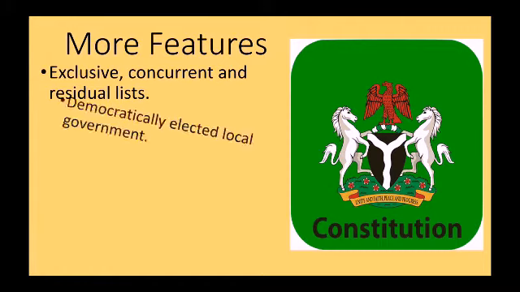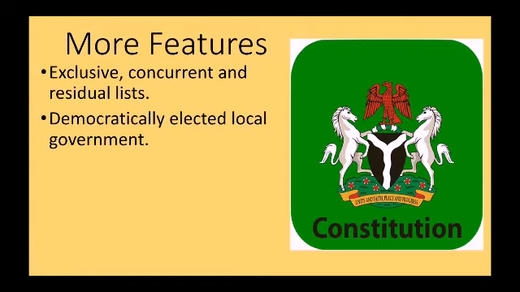Again, there was democratically elected local government. There were local government chairmen who were elected officials within the local government, so that there could be autonomy between the local government, state government, and the federal government.